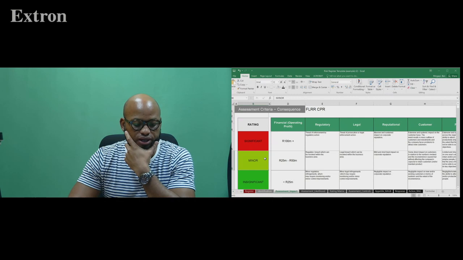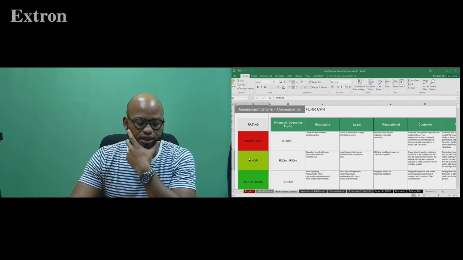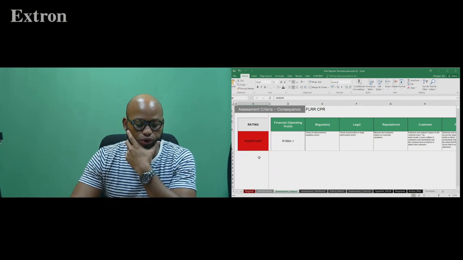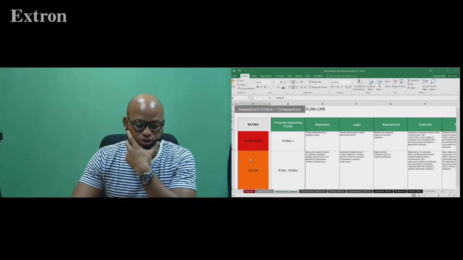The classifications don't really matter, and you don't have to memorize any of them, as long as you're able to tell me whether you think a risk has a high impact or a low impact rating, or it's going to be moderate.